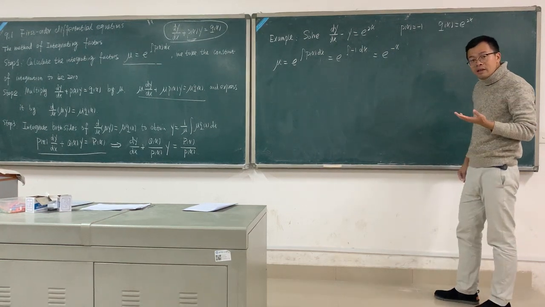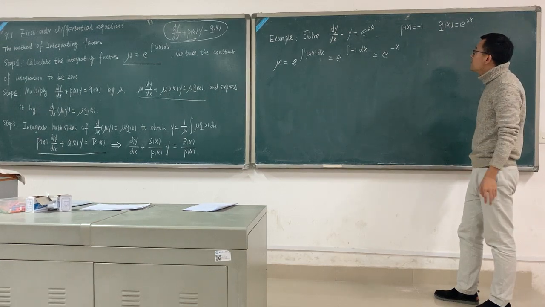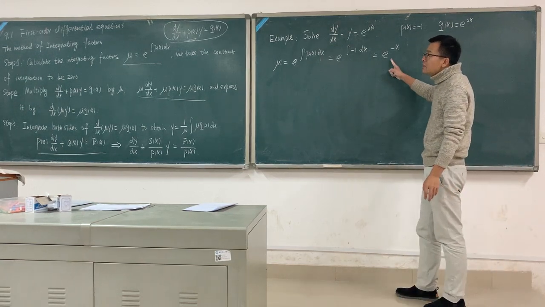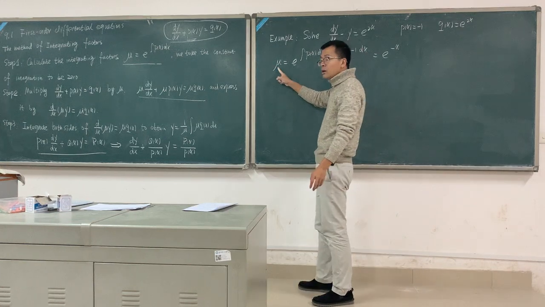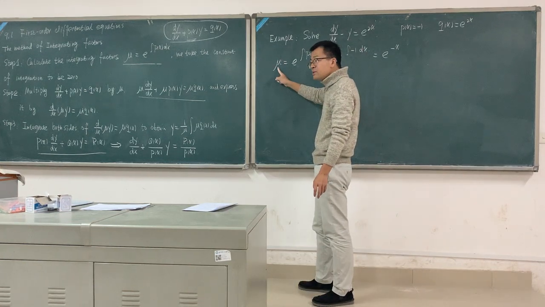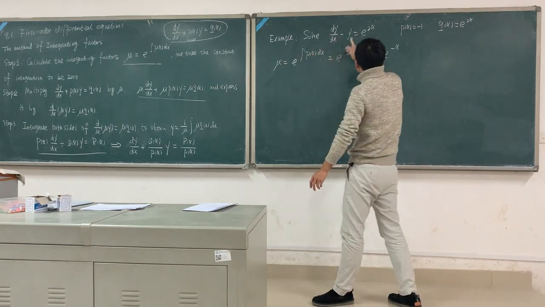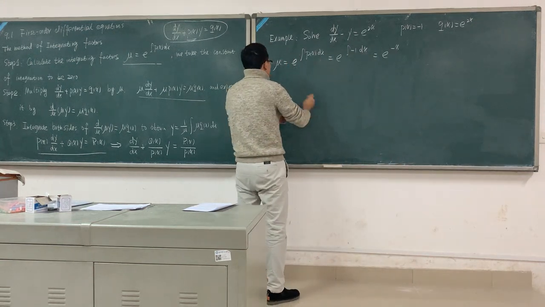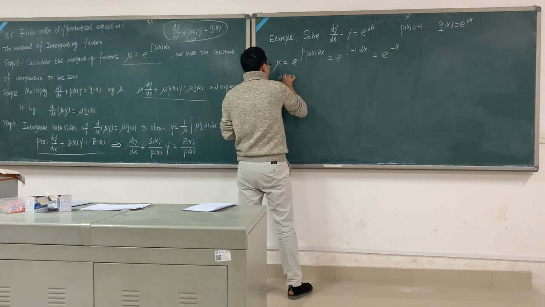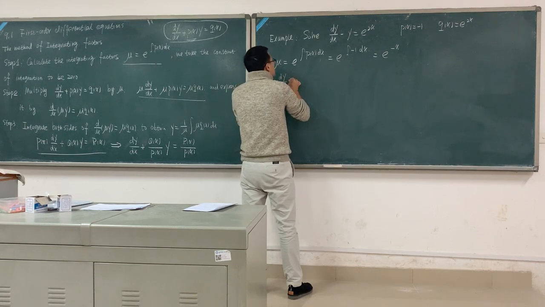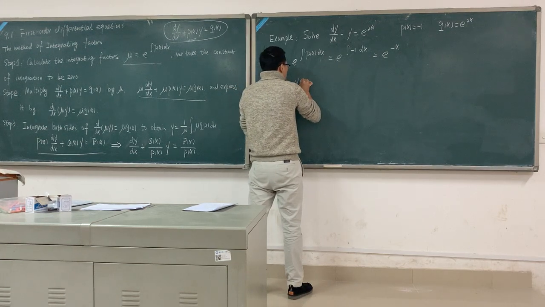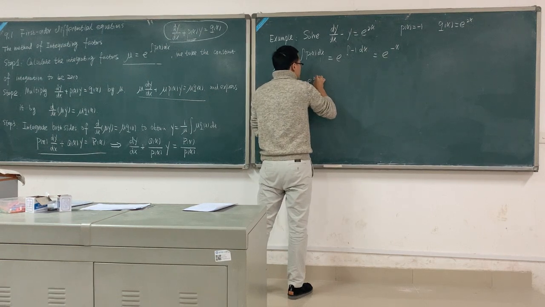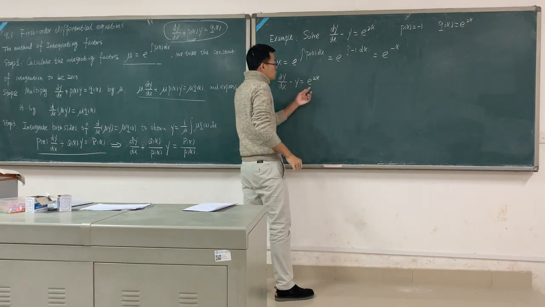So the second step is what? The second step is we multiply by the integrating factor on both sides. So the equation dy/dx minus y equals e to the power 2x.